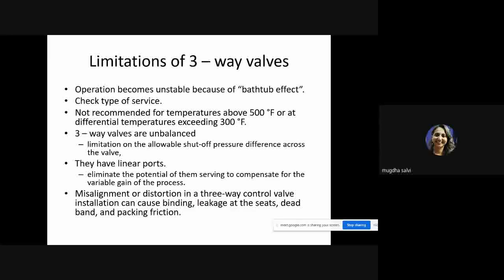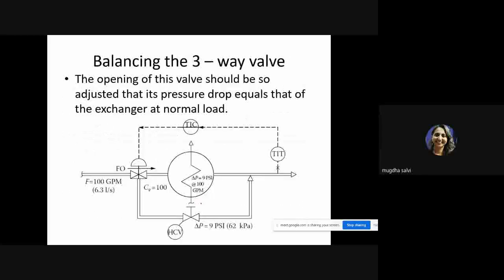So these are some of the limitations of the three-way control valve, because of which we have to go for other options of bypass control. So what are the other options for bypass control? First is, since the three-way valve is not balanced, we could have a hand control valve introduced in that line, in the bypass line here.